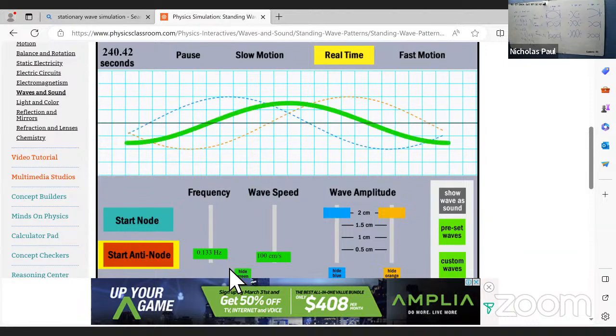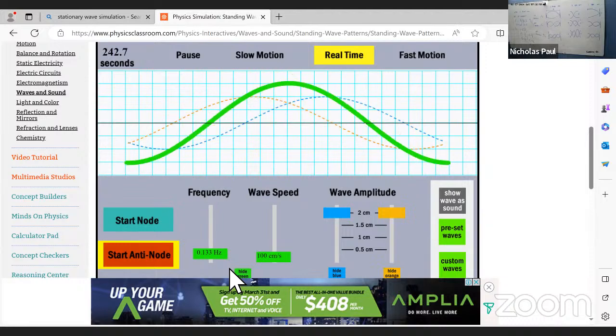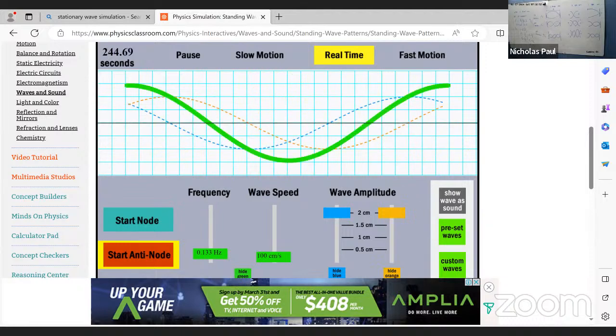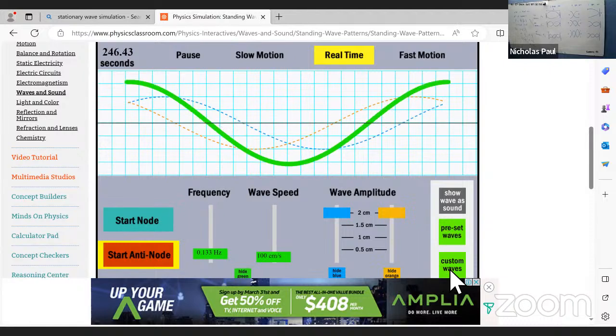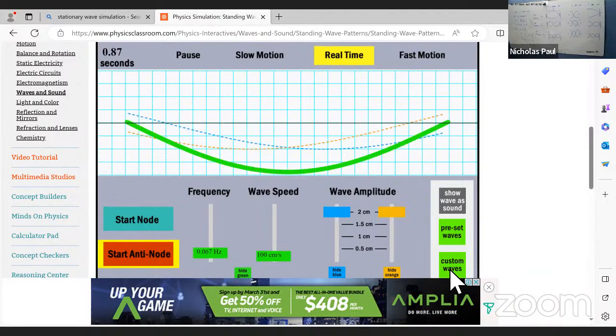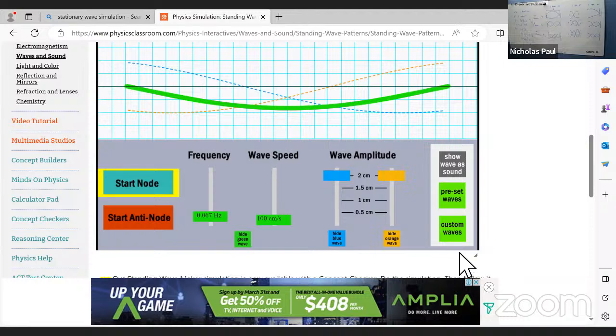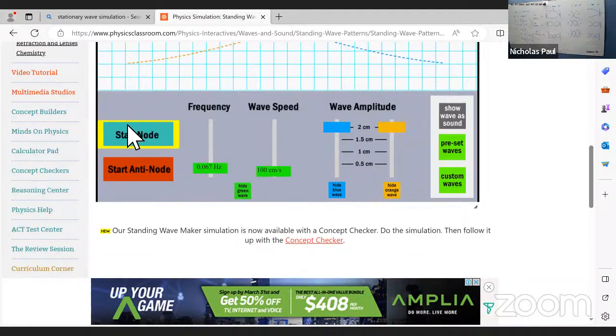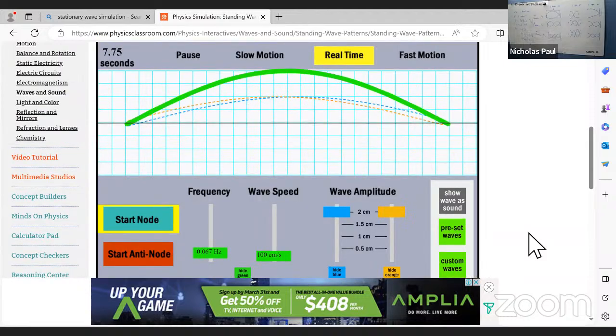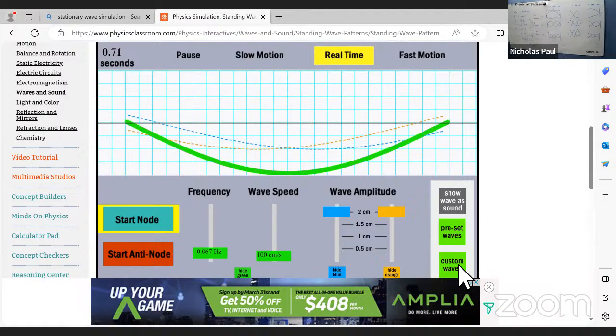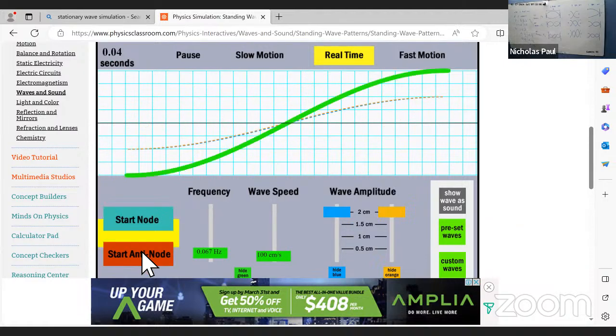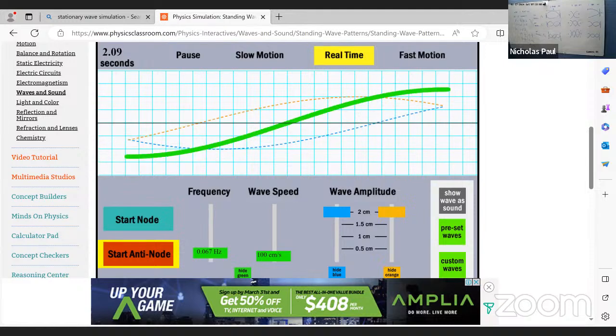If it's up, let's go sine wave, where I can manipulate them. I'm going to clear all.